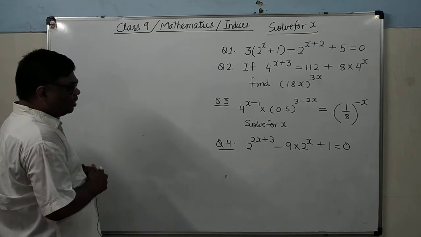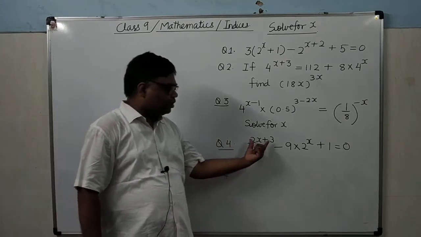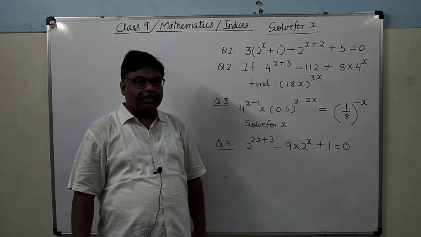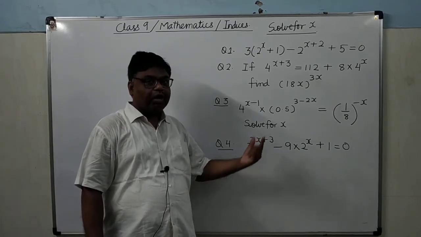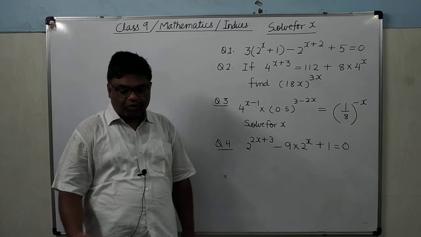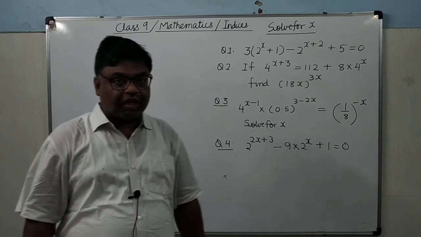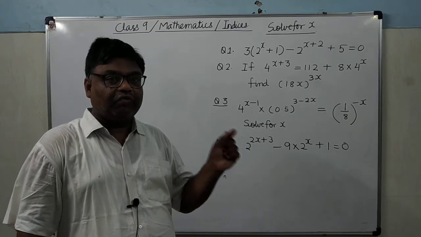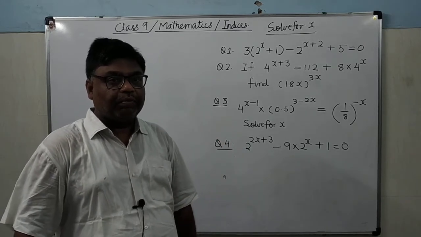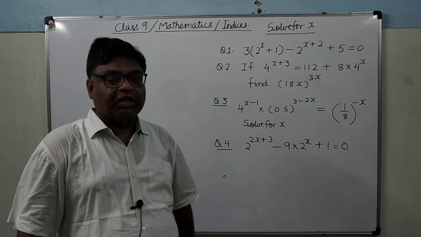So see here, if you see the power is 2x plus 3. This power is monomial or binomial. You have heard about these words: monomial, binomial, trinomial. Monomial means containing only one term. Binomial containing two terms.